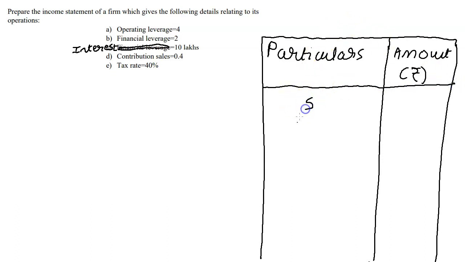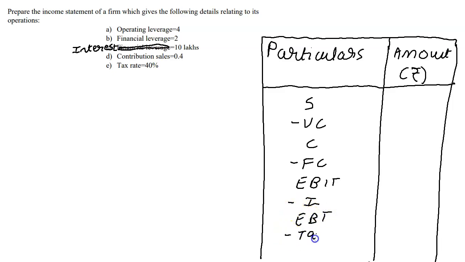We have sales, from which we subtract variable cost. We get contribution, we subtract fixed cost, we get earnings before interest and tax. We subtract interest, we get earnings before tax. We subtract tax, and we get ourselves earnings after tax, or net profit after tax.